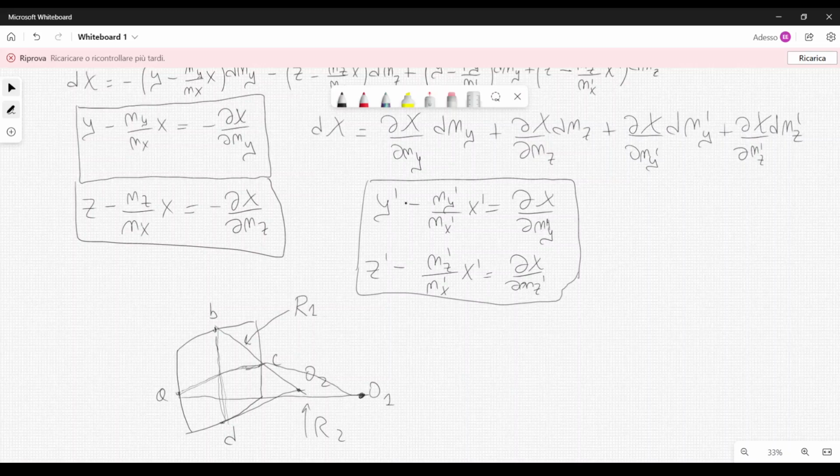So maybe I could have called this one R2 because I have called this point O2, and this one will be R1. But the substance or the core of the matter doesn't change. That's still the same thing. So you can see that even for very small surfaces, we have two different points here. So these bundles are not homocentric.